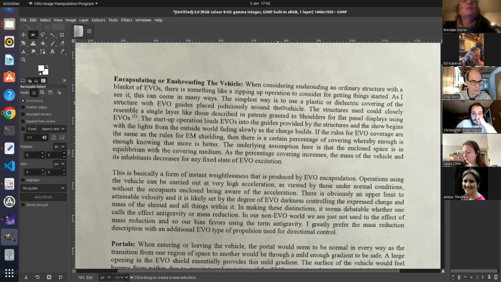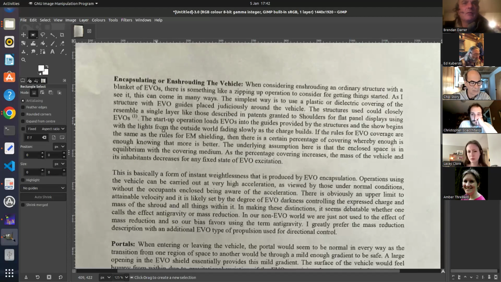Simplest way is to use a plastic or dielectric covering of the structure with EVO guides placed judiciously around the vehicle. The structures used could closely resemble a single layer like those described in patents granted to Shoulders for flat panel displays using EVOs.